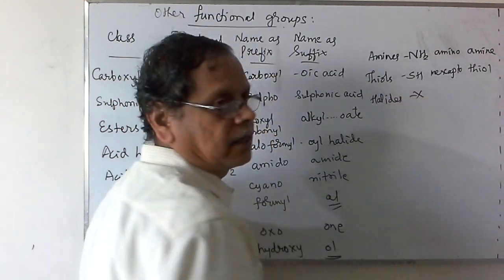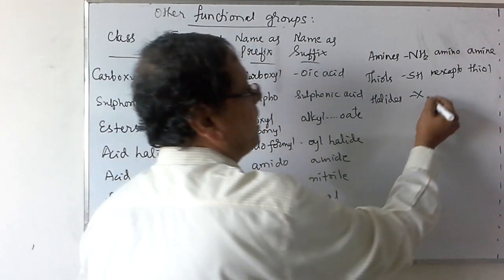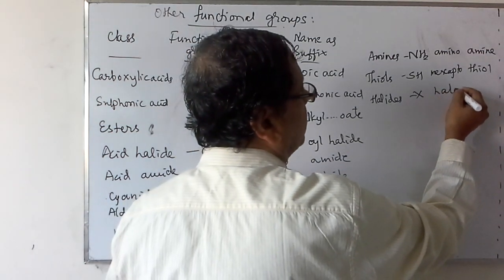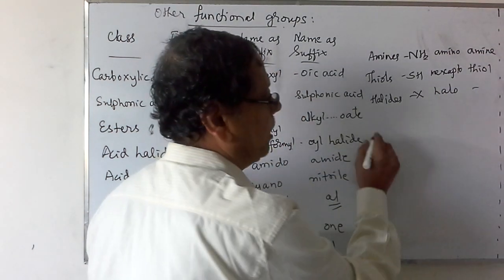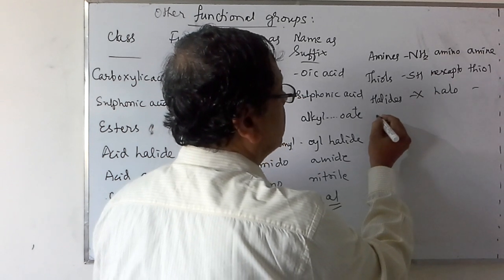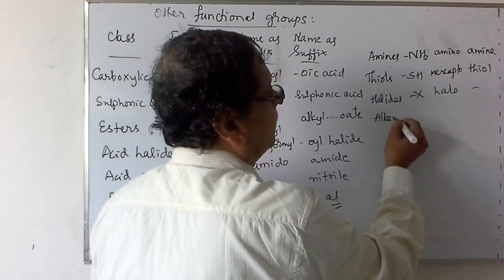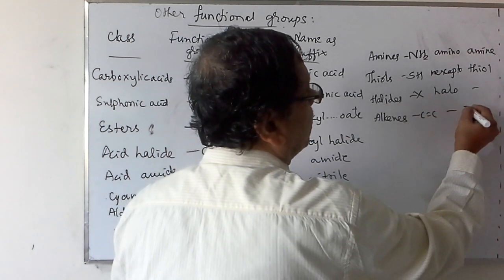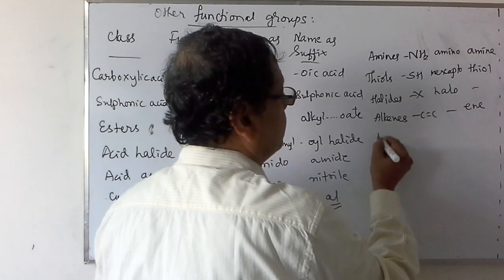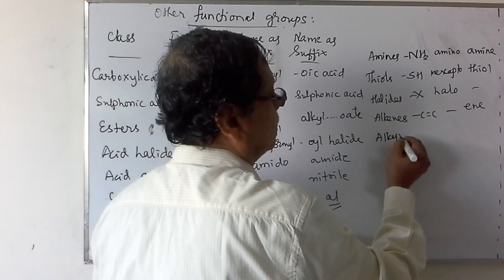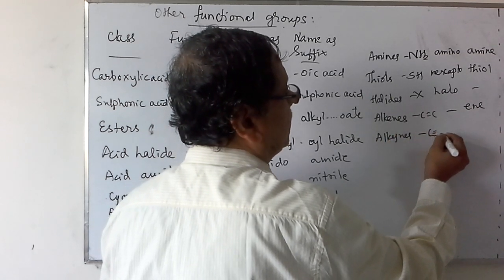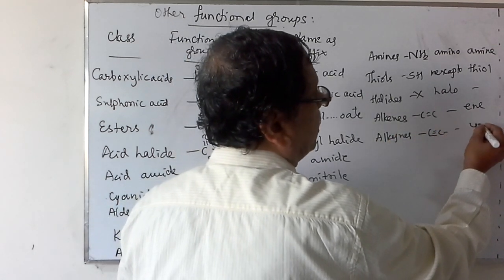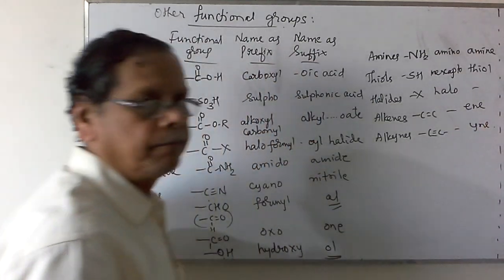This halogen is the functional group which is named only as a halo. There is no suffix available for this. And we have already seen these alkenes. This carries a carbon-carbon double bond. Only suffix is ENE. For alkynes, the functional group is C triple bond C. The only suffix that we use is YNE.